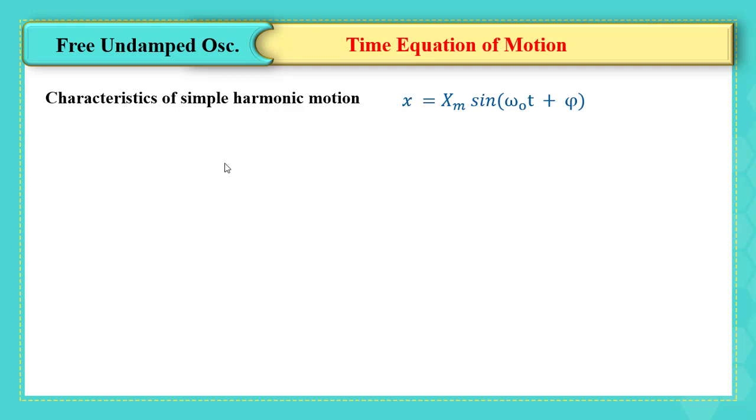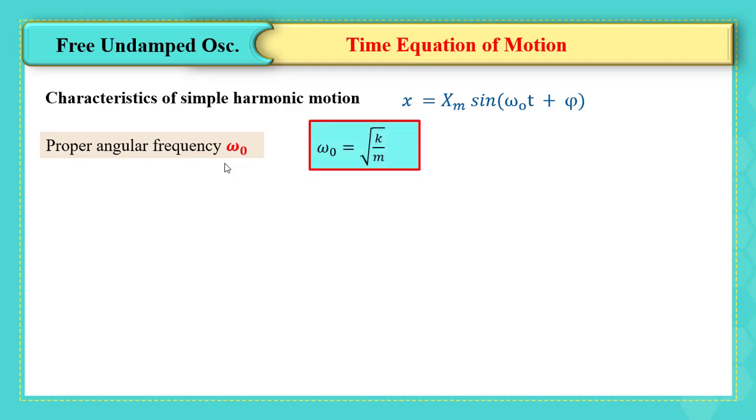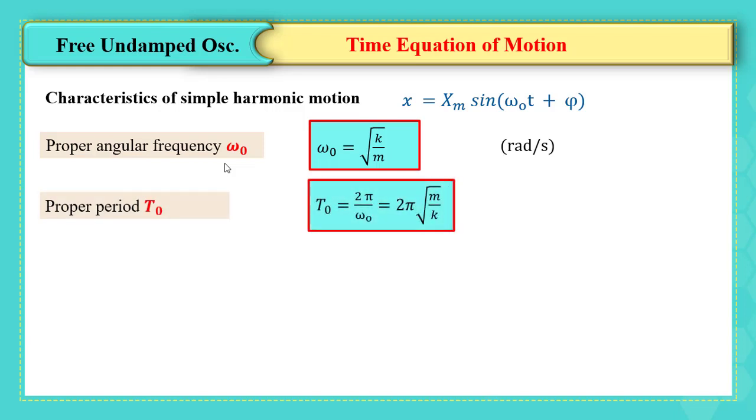The time equation for simple harmonic motion can be written as x equals xm sine(omega 0 t plus phi), whose characteristics are to be studied by heart, with their expressions and names. The proper angular frequency omega 0 is radical k over m. The proper period T0 is 2 pi over omega 0, which is 2 pi radical m over k.